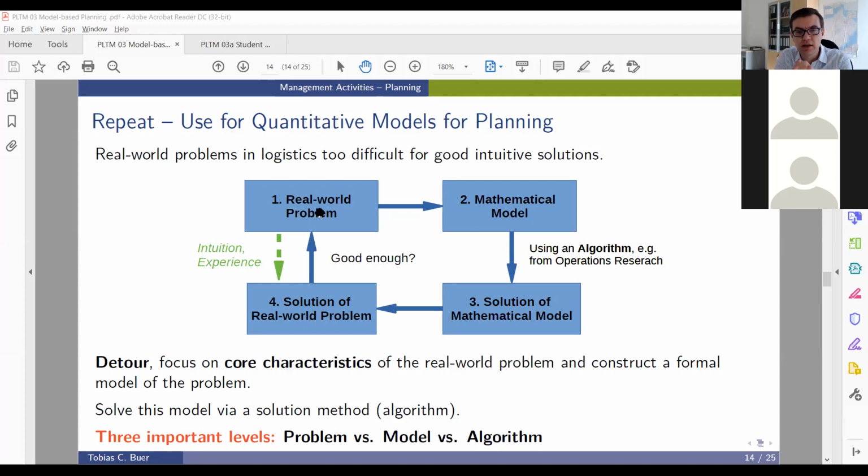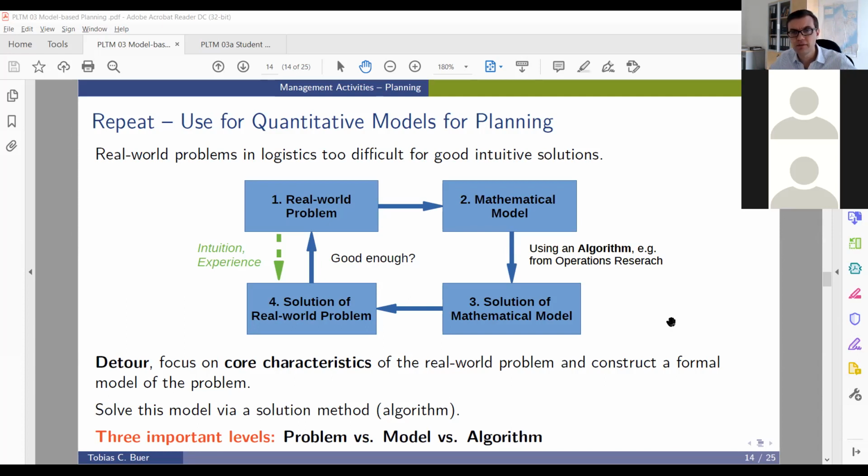Maybe we did not take into account safety stock. Maybe the demand is not as predictable as we think it is. And then we need to make modifications in our economic order quantity model and apply it again to the real world. So this is how you solve the real world problem.